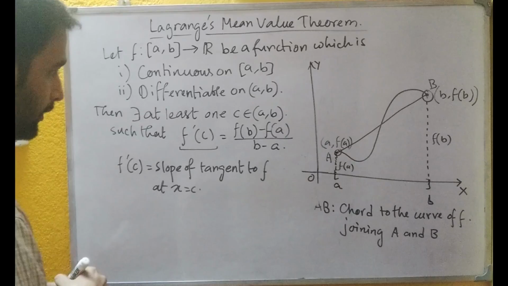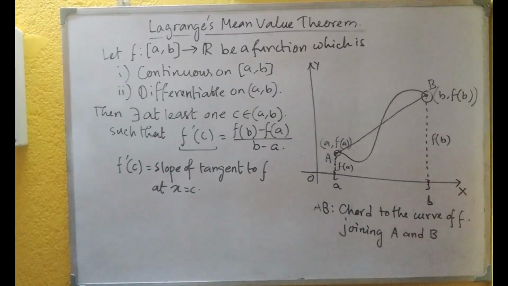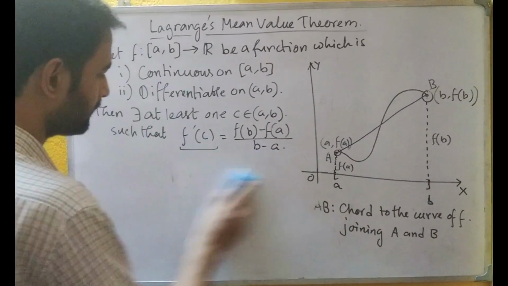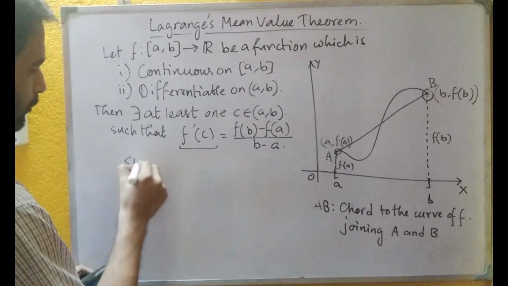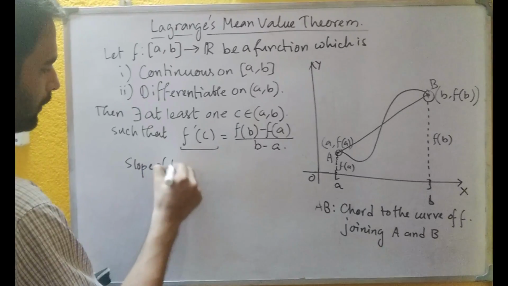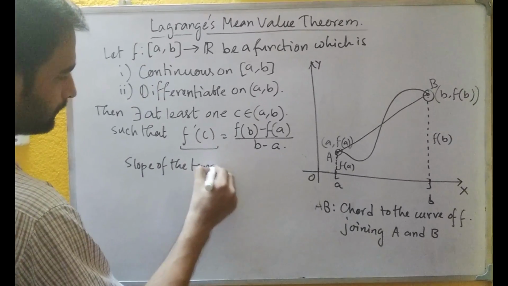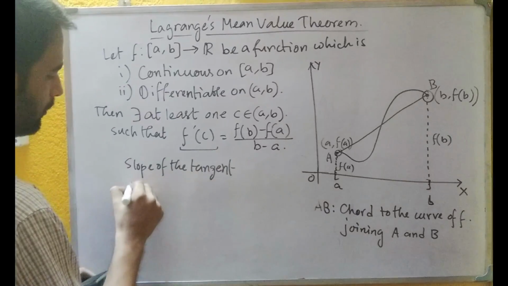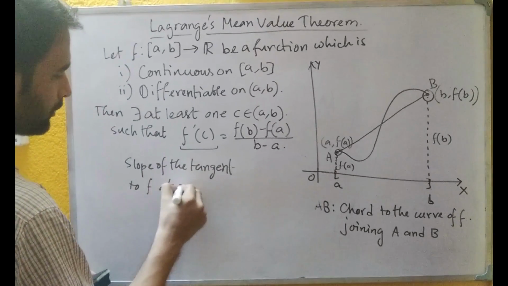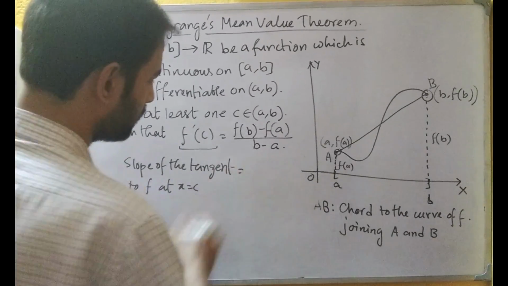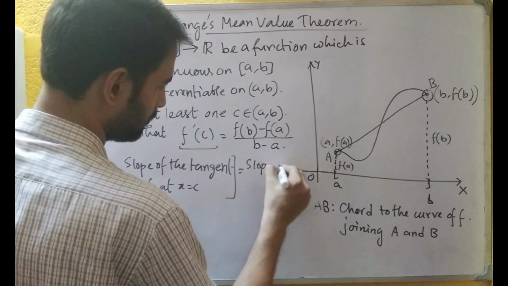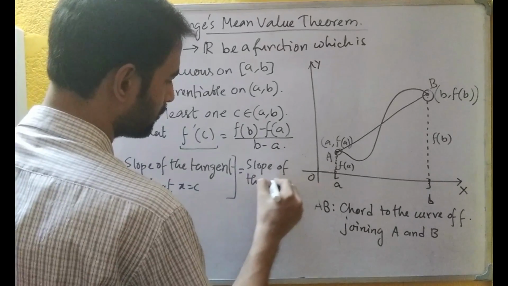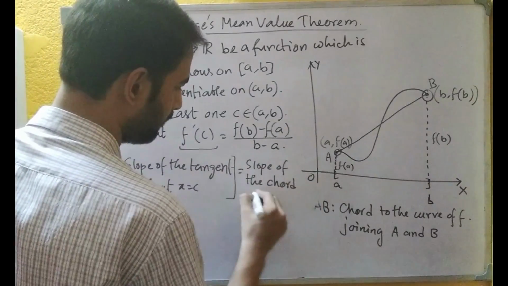So what we can say from this equality is that the slope of the tangent to f at x equals c is equal to the slope of the chord AB.